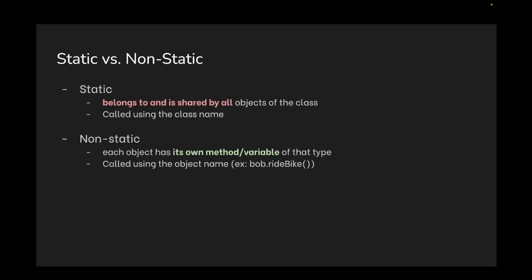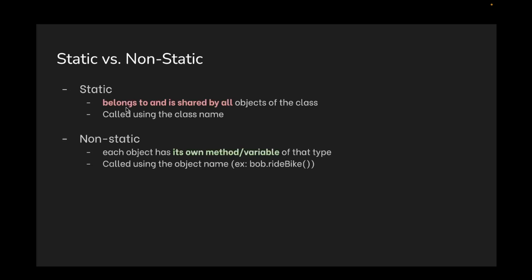Let's say we wanted to define a field variable and call it number of arms in general. Would you think that would be static or non-static using this definition? Yeah, it would be static because most humans have 2 arms. There are maybe a few that don't, but in general, humans have 2 arms.